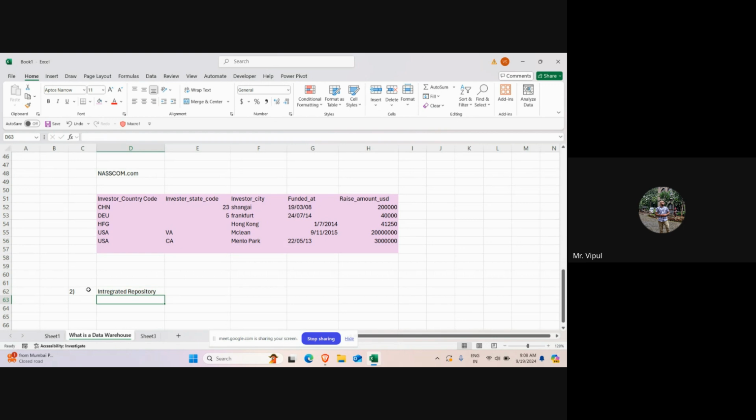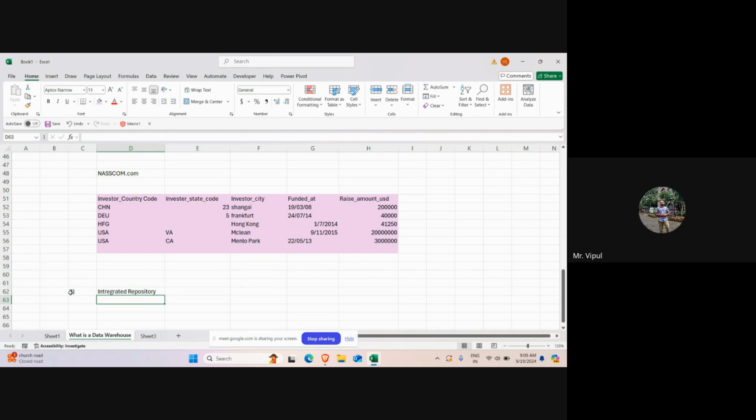In our own case, there could be one portal where the startup application data is collected. There might be another database that contains industry sector or industry standard sector information. There might be yet another database that contains information about the investors themselves. So what we are saying is that when building a data warehouse, we must bring together all the information from these multiple sources into a single integrated data warehouse repository hosted in a single location.